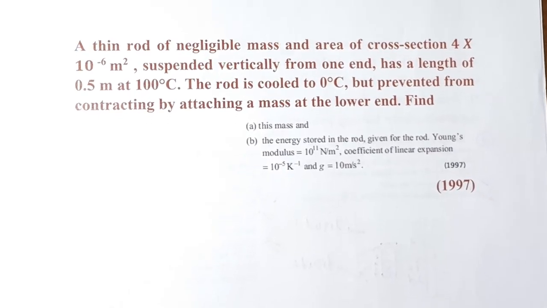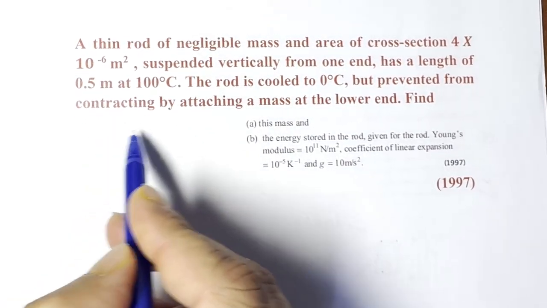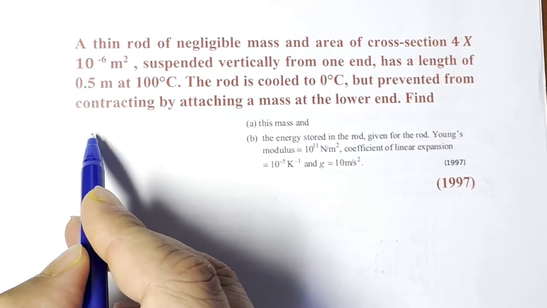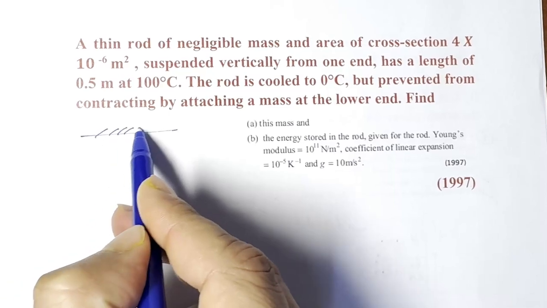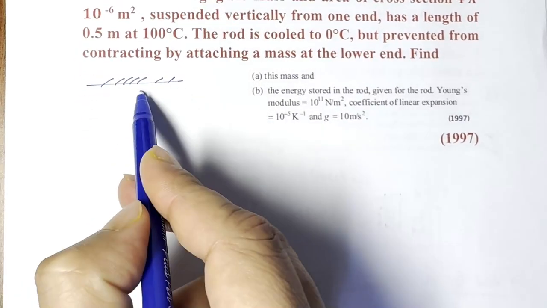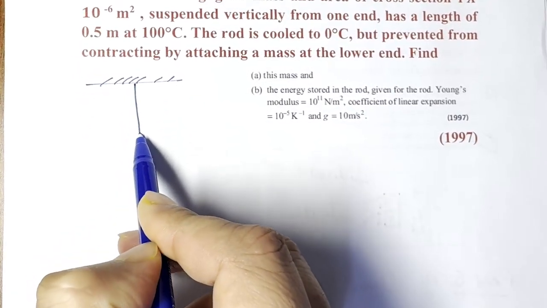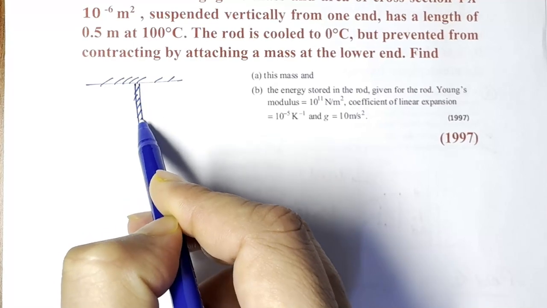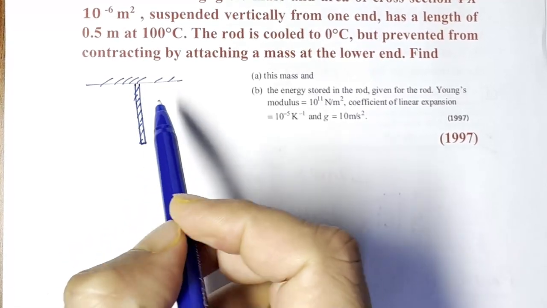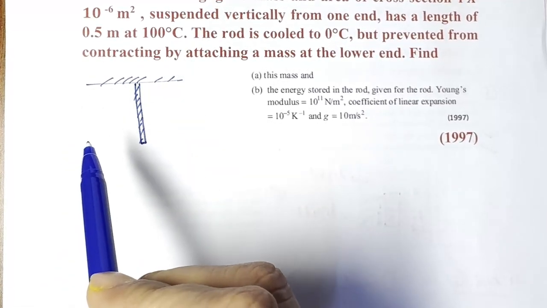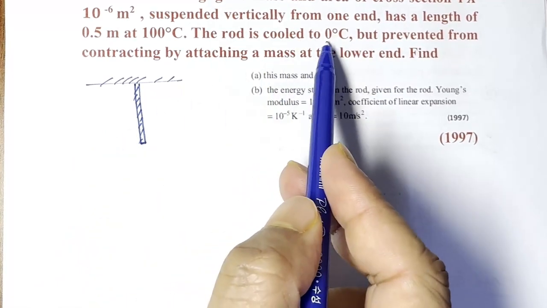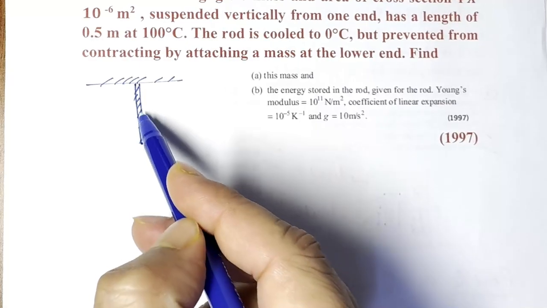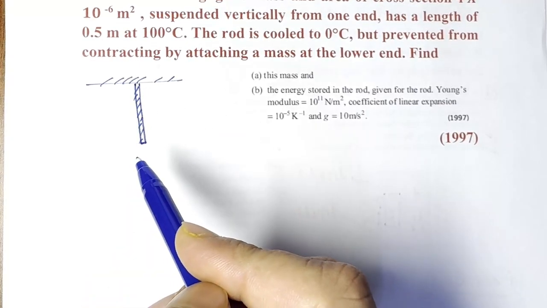In this case, we are given that the rod is suspended vertically. So this is the rod, and initially it is at 100 degrees centigrade. When it is cooled to 0 degrees centigrade, this rod is supposed to contract.